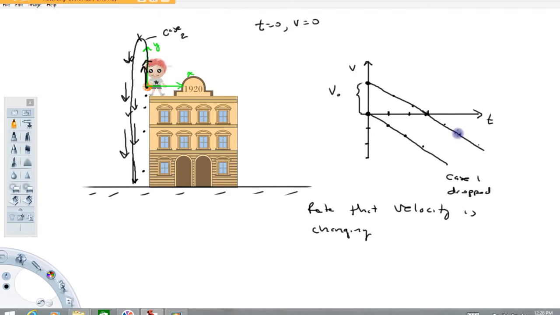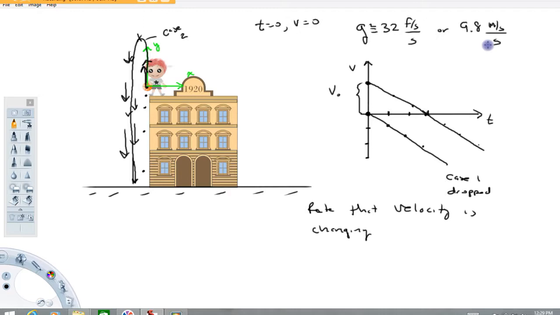And that value is called the free fall acceleration. It's usually denoted with the letter g. And that value is about 32 feet per second squared, or in metric units, about 9.8 meters per second squared. And that's what's referred to as the free fall acceleration.